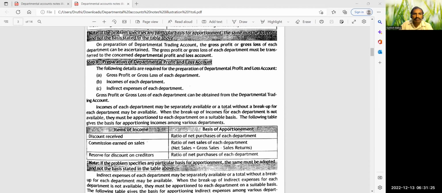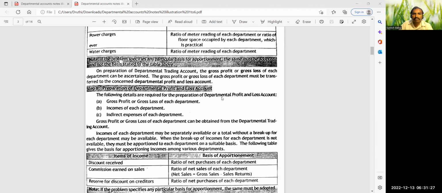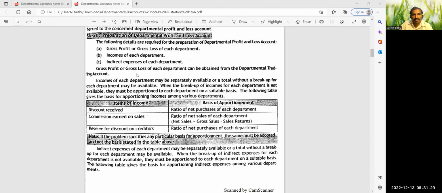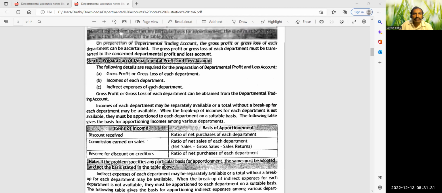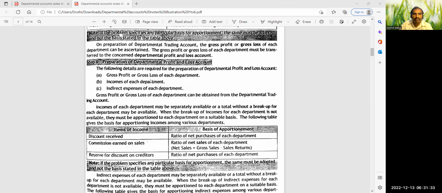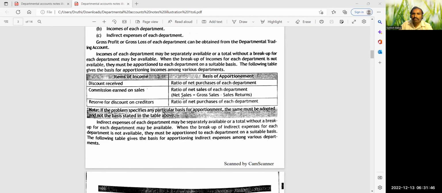The second step, you know, is the preparation of the departmental profit and loss account. You would be preparing it starting with the gross profit or gross loss of each department. Incomes of each department will be credited, and the indirect expenses of each department will be debited. If the basis is given, the same basis you will follow.